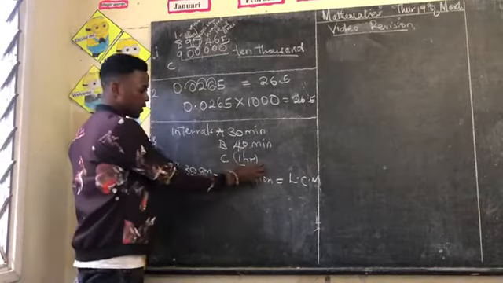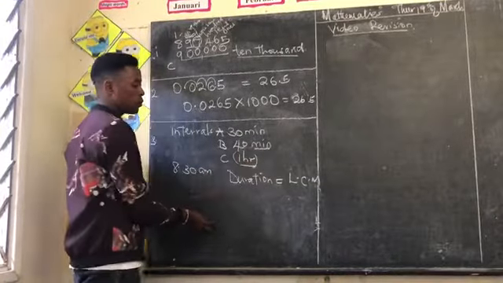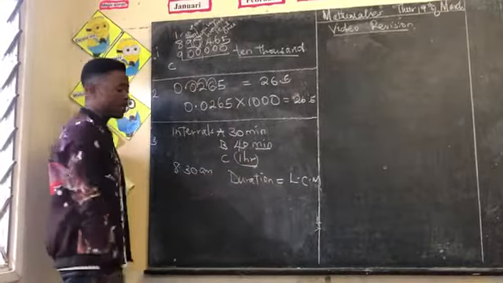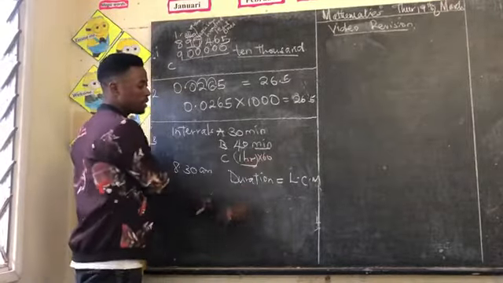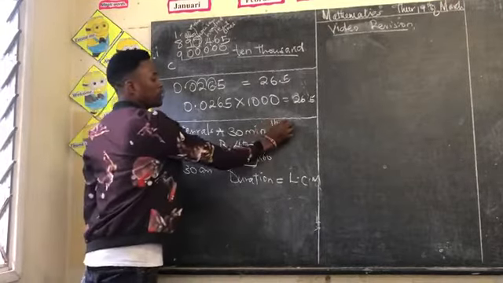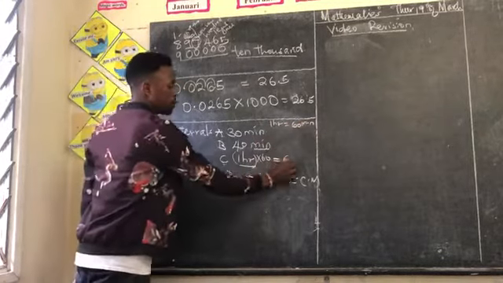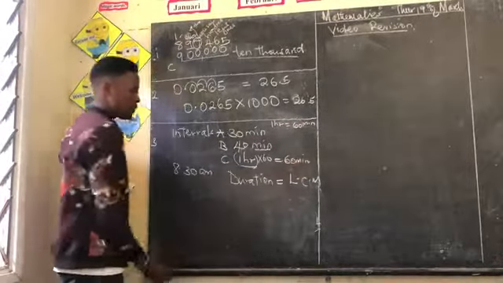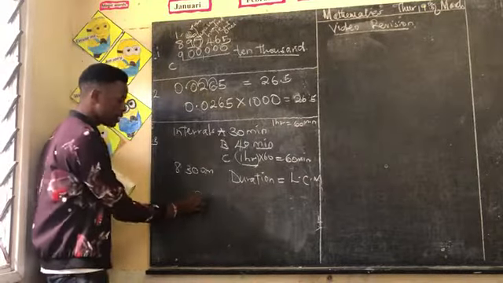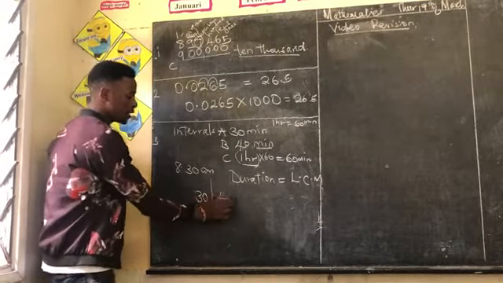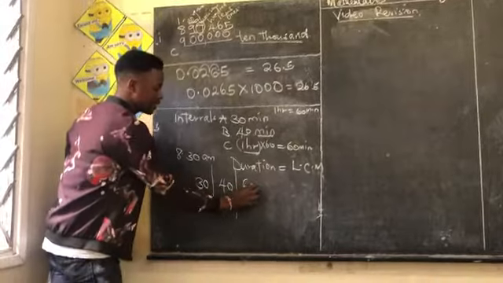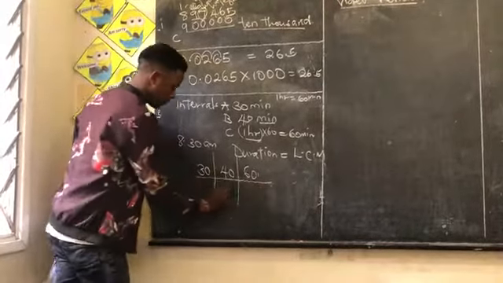Because this is in hours and the rest are in minutes, you change this 1 hour into minutes. So you multiply by 60 because 1 hour is equal to 60 minutes. So that will give you 60 minutes. So we are finding the LCM of 30 minutes, 40 minutes, and 60 minutes.